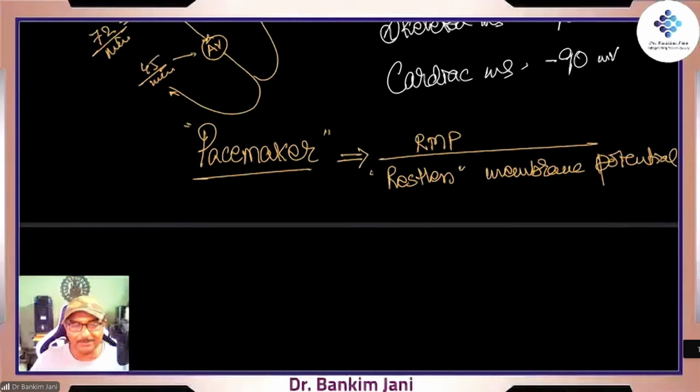When we'll be discussing cardiology, we'll be talking more about the various types of pacemakers. But one important word of caution. Say your patient is subjected to, let's say, an X-ray, no problem. You can take an X-ray. If you have to do a CT scan, no problem. You can do a CT scan.